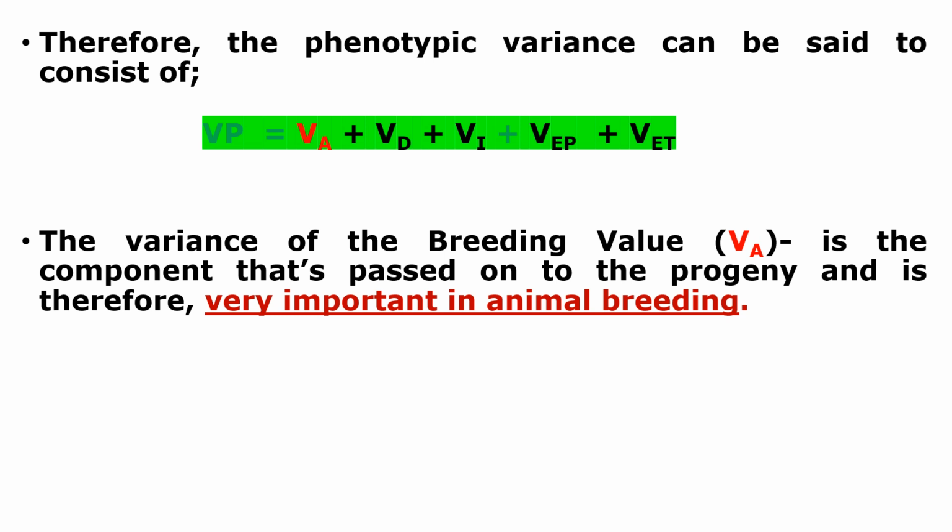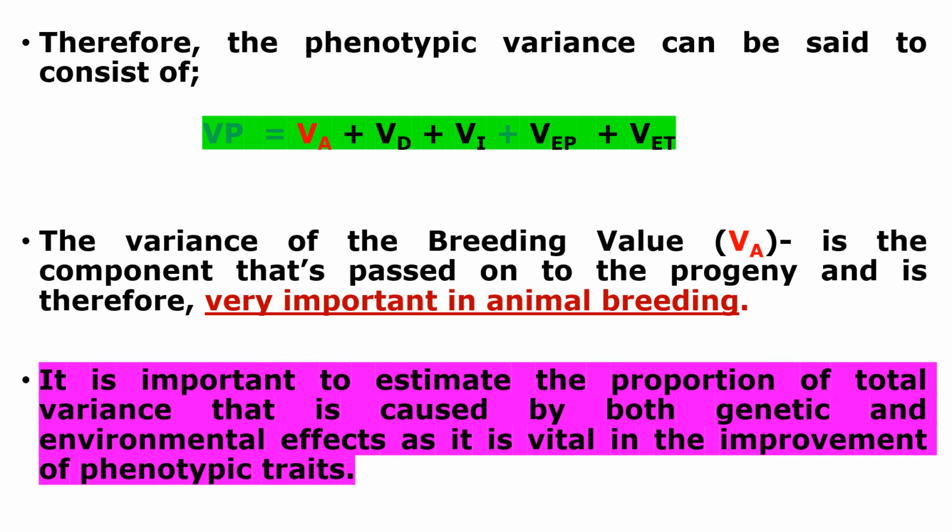But among all of these variances, the variance of the breeding value, which is a component that is passed on to the progeny, is very important in animal breeding. So it is important to estimate the proportion of the total variance that is caused by both genetic and environmental effects, as it is vital in the improvement of phenotypic traits.